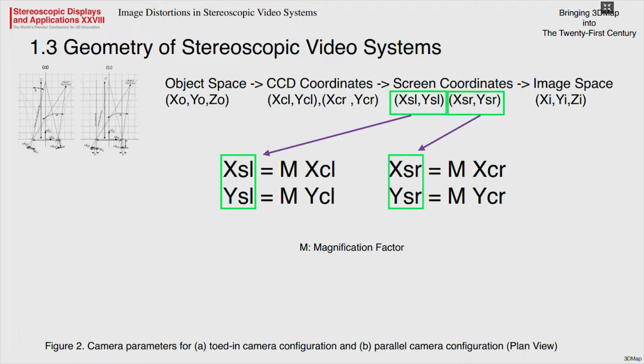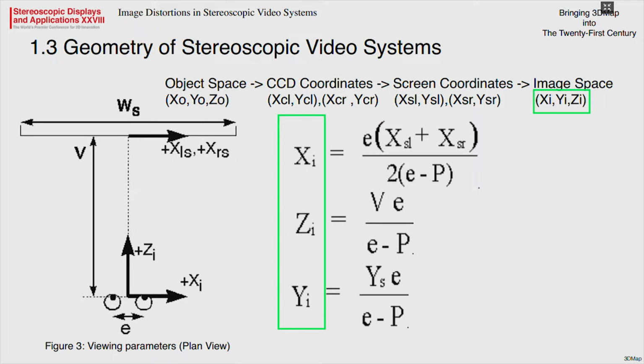That's a pretty easy equation, just a magnification factor multiplication. And then there's another set of equations to convert from screen coordinates to the image space, X, Y, and Z, using a coordinate system centered on the point between the 2 eyes of the person.